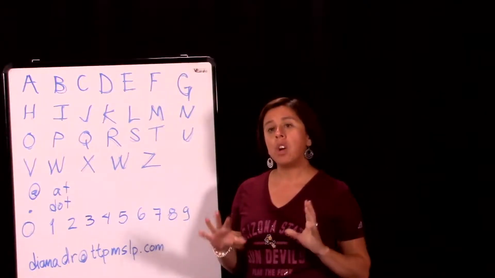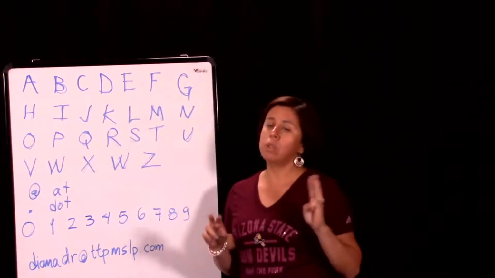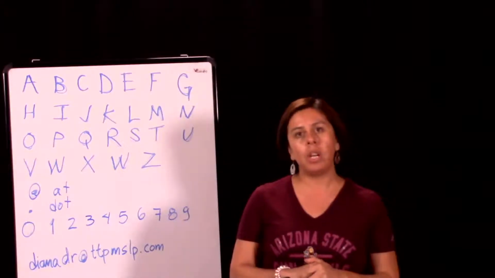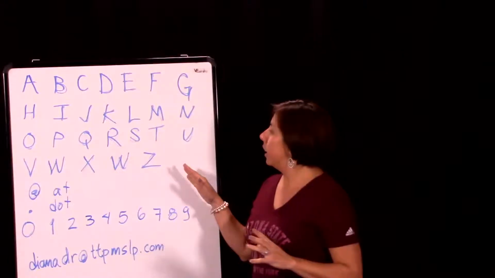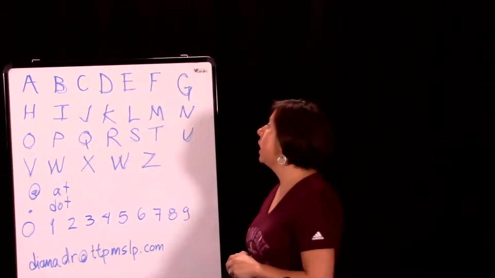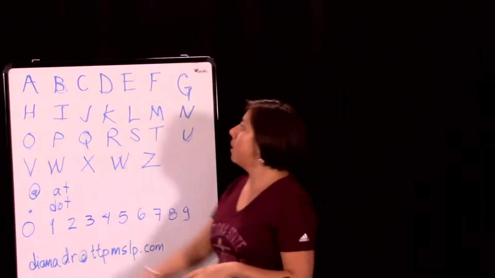Okay, so I'm going to add some more symbols to the alphabet, and we're going to use numbers as well, but today I'm going to start by remembering the sounds of the alphabet. So let's go. A, everybody please repeat after me.